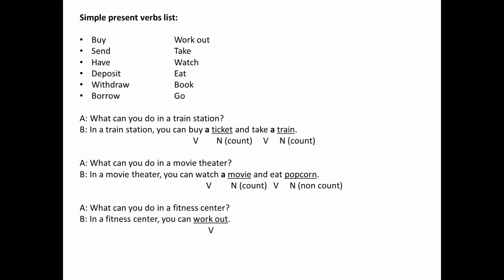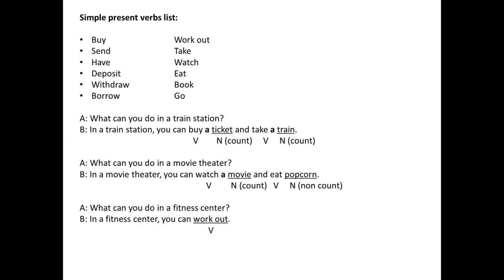So example 1. What can you do in a train station? Answer. In a train station, you can buy, it's the verb, a ticket. Now, ticket is the noun. Because we can count tickets, we can say 1 ticket, 2 tickets, 3 tickets, right? Because we can count, we call it a count noun.